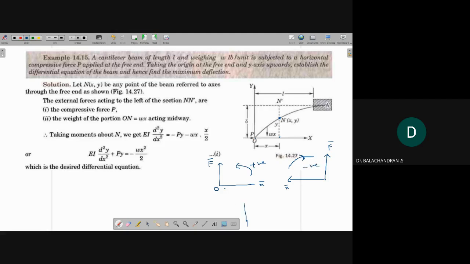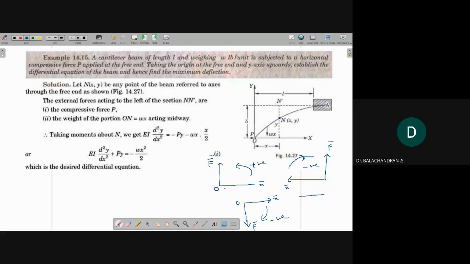Then the third diagram: F, X, origin. This is clockwise, so negative.